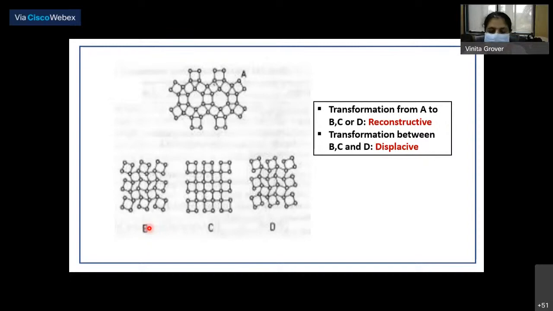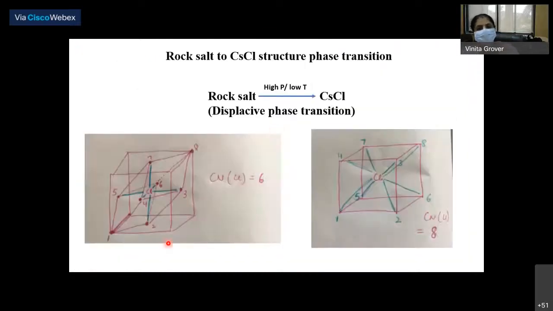All right. Now, I'll take you to a very interesting displacive phase transition, which is a very common one also. This is the rock salt to cesium chloride phase transition. How does it happen?